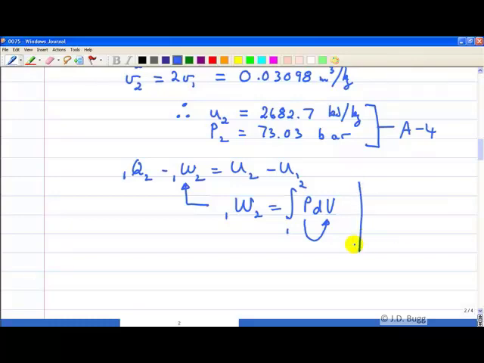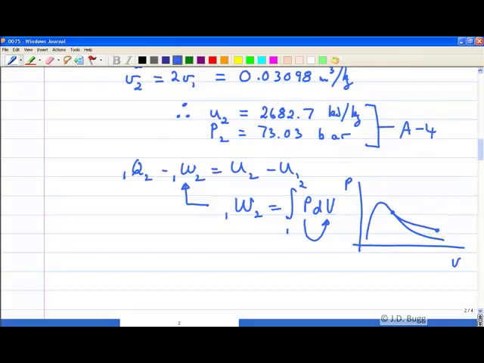Well, in this situation, if we just recap what our PV diagram looks like, we're working with water, starting off as a saturated vapor, heading down a line of constant temperature to some other point. The problem we have right now is we don't have an equation that describes this line.